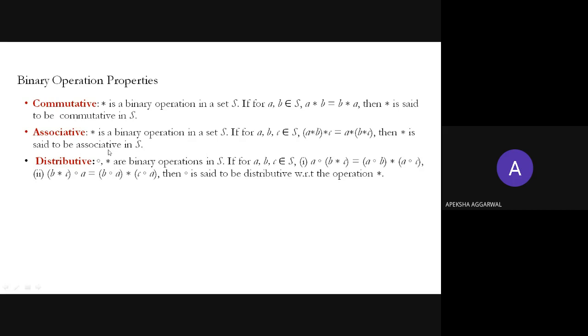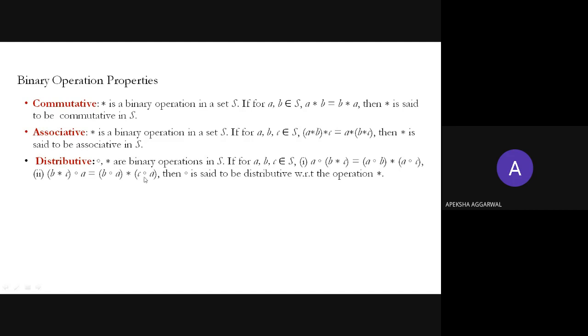Similarly, distributive. We will say that O and star are binary operations in S if for A, B, C all belonging to S, A O (B star C) equals (A O B) star (A O C), and (B star C) O A equals (B O A) star (C O A).